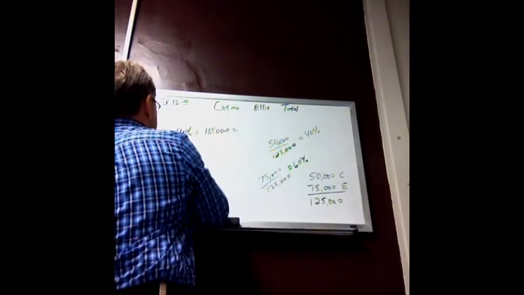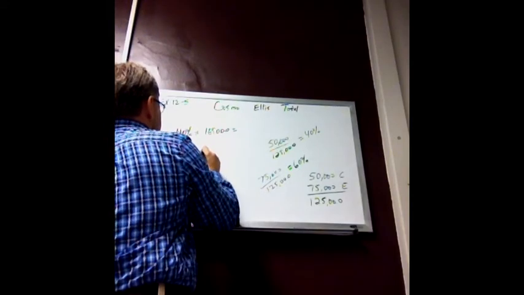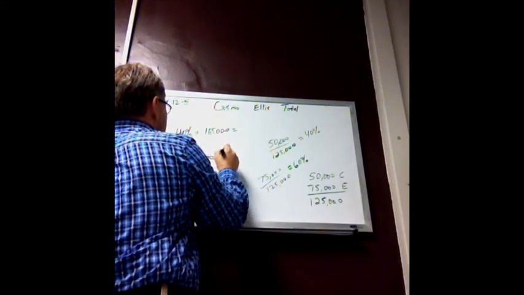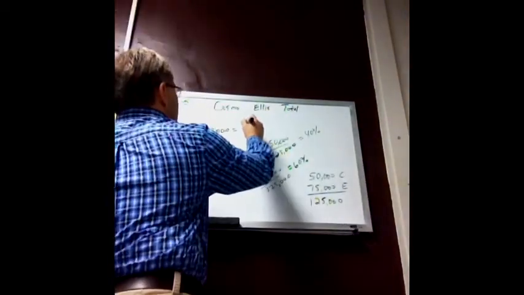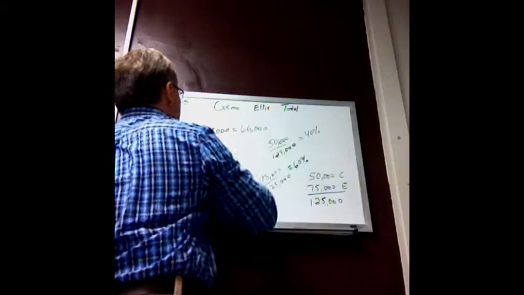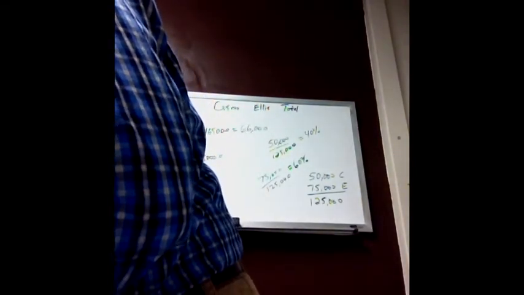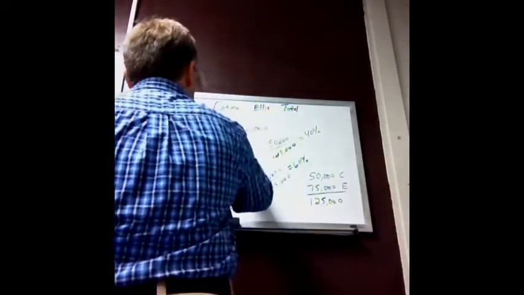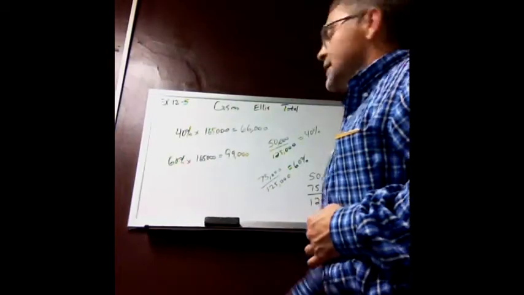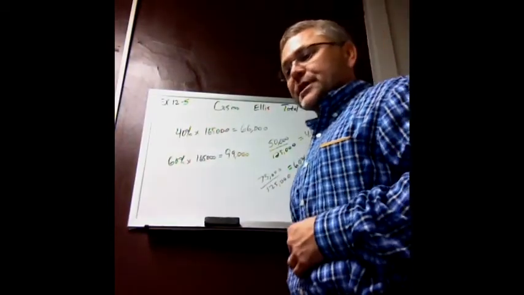That'll be Cosmos, and then 60% times 165,000 will be Ellis. So let's run those numbers. So 66,000 will go to Cosmos. The remaining 99,000 will go to Ellis. Okay, those are the first two scenarios.